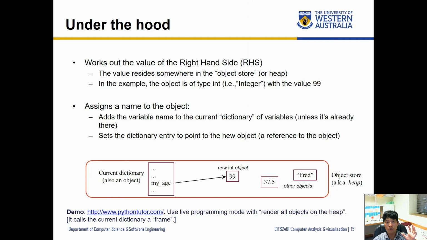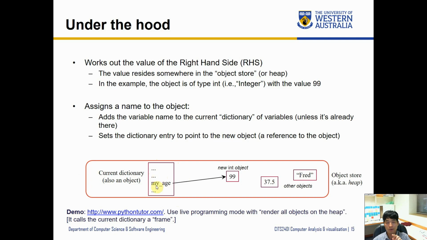In the computer, the heap stores all those values that we want to keep and reuse. So here, the heap or the object store will keep a dictionary of variable names. So later when you want to use it, it accesses this dictionary to find the value that you stored last time, so it knows what value is inside.